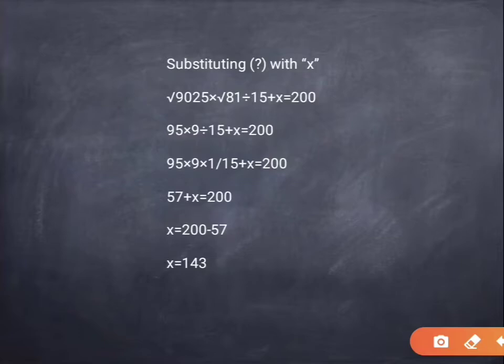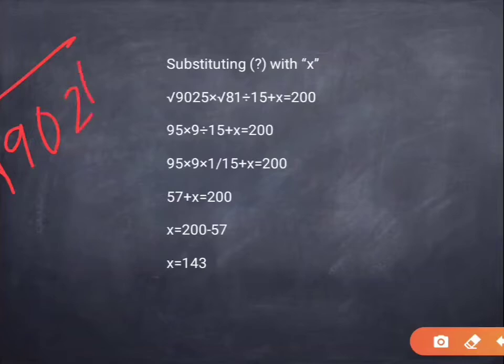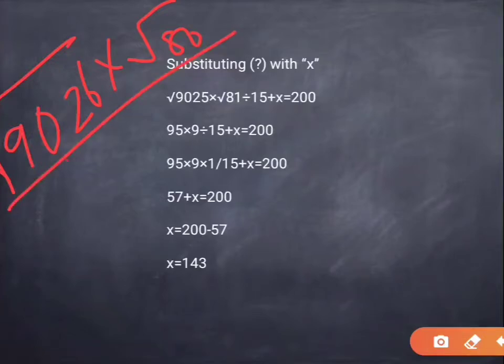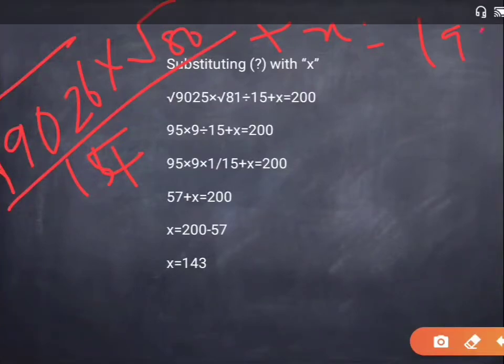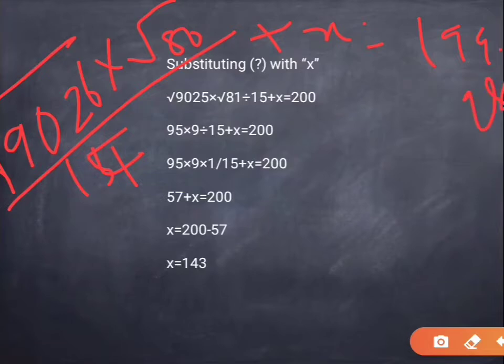Just the question was actually square root of 926 into square root of 80 divided by 15 plus x is equal to, sorry, this is actually 14 point something and 199.989.